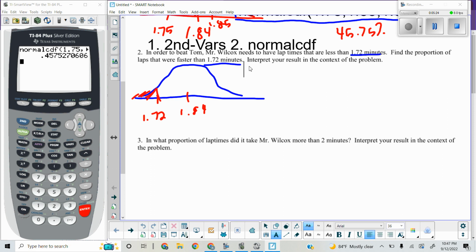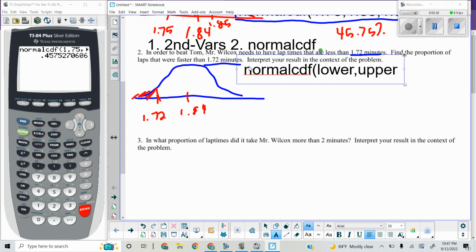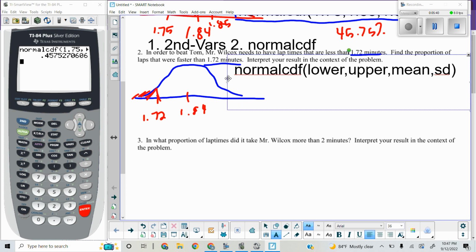So once again, on a free response, you need normal CDF, lower, upper, mean, and standard deviation in order to get points for using this. So our really small number that we're going to use is negative 9,999.